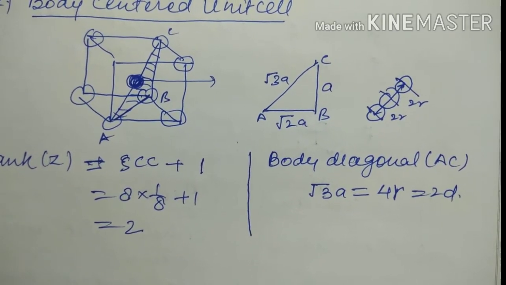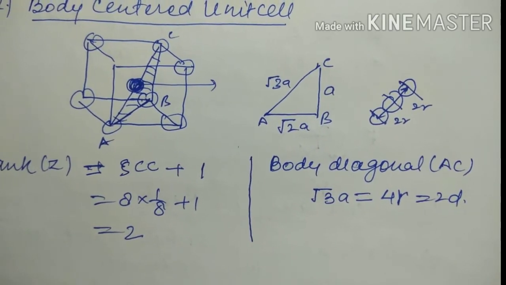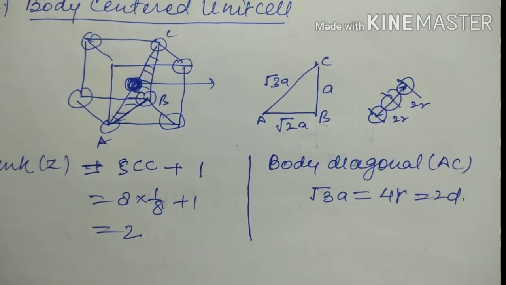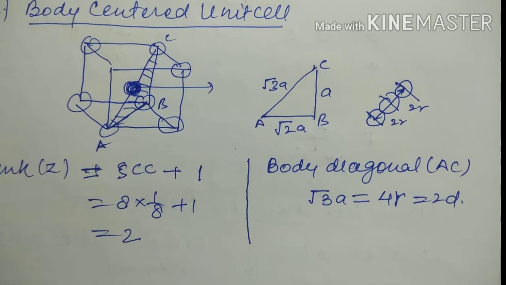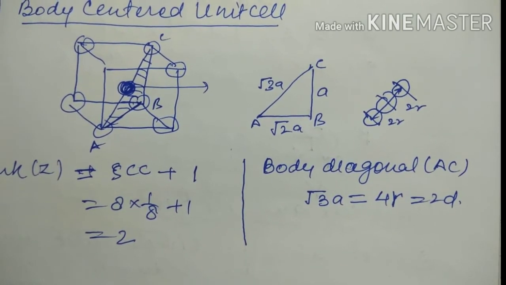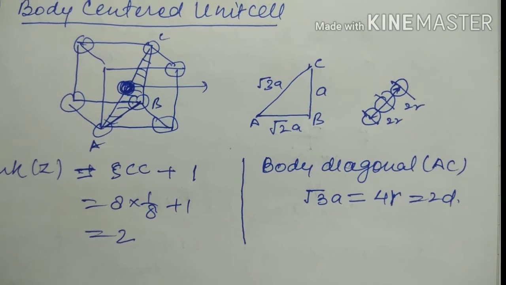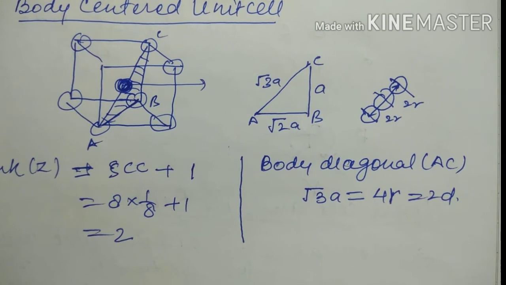Now here I have represented the ABC. AC represents the body diagonal and it has a value root 3 A, because AB we find out is root 2A and BC is equal to A, so naturally AC is equal to root 3A.